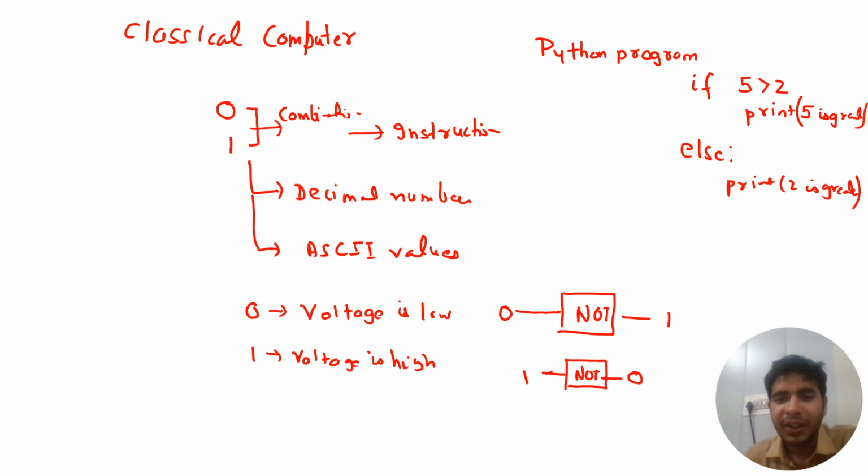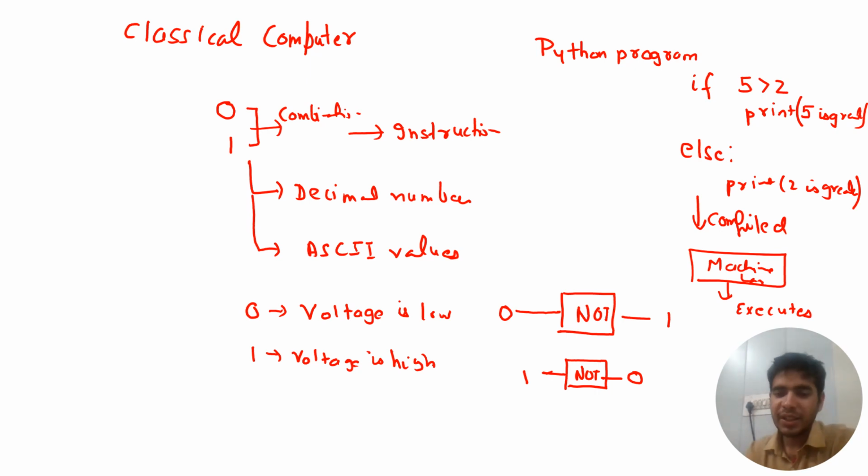Well, of course not. This program gets compiled into binaries, like the machine language, and this machine language then executes your program. So it's not that simple that the computers just understand the English language of the programs you write.